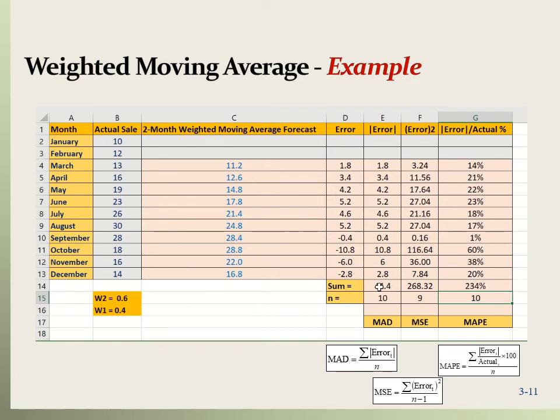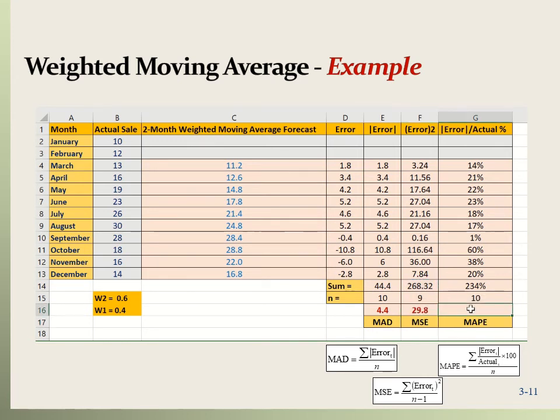And now that we have the summation, the formula for MAD, MSE, and MAPE works like the summation divided by n or n minus 1. So for MAD, that would be the summation divided by the period, which is 10, because we made 10 forecasts here. For MSE, the formula is that you have to divide it by n minus 1. So we're going to divide it by 10 minus 1, which is 9.